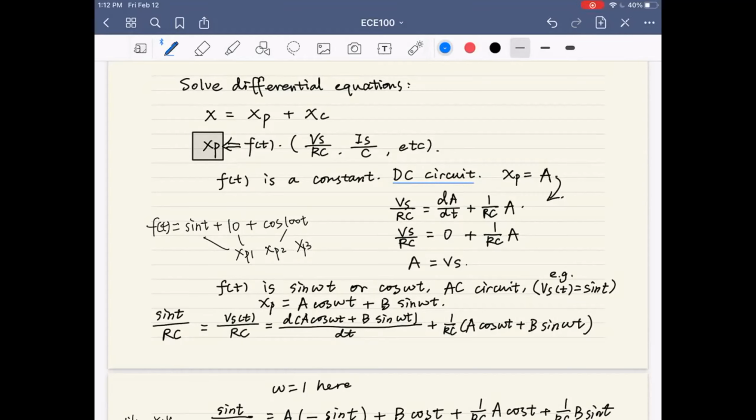And for the AC situation, which means that the Vs here is a sine or cosine function, we split the x into xp and xc, and then we solve them one by one. For xp, we are given this form: a times cosine omega t plus b sine omega t. And a, b are unknown here.